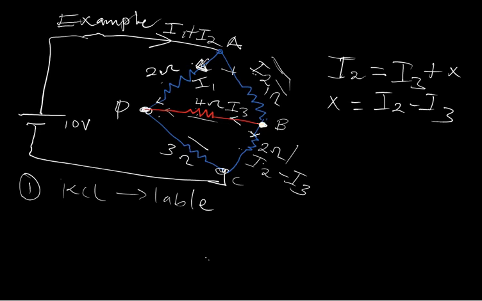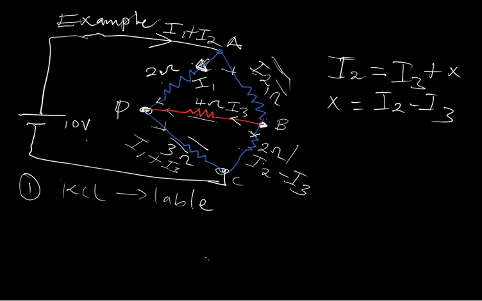Once they meet at the junction, they combine and move away. So I3 and I1 are moving towards junction A, and the current passing through this 3 ohm resistor is moving away from the junction. Don't forget Kirchhoff's law: the sum of current entering the junction is equal to the sum leaving the junction. So to label this 3 ohm resistor, it is going to be the sum of I1 plus I3.